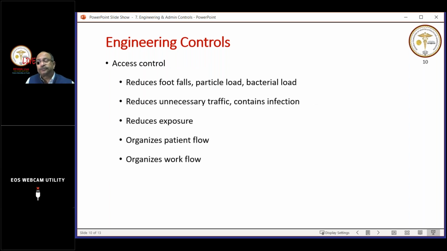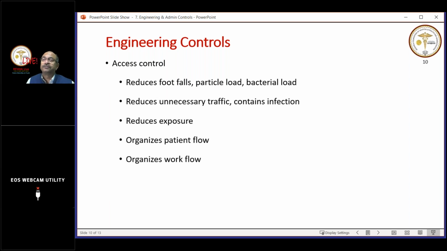The other variety of engineering controls we have is the access controls. When you have access control, it reduces the footfalls and also reduces the number of people coming into a particular area. When we have access control, we reduce the particle load, because more people walking in and walking out will lead to more particle load and more bacterial load.